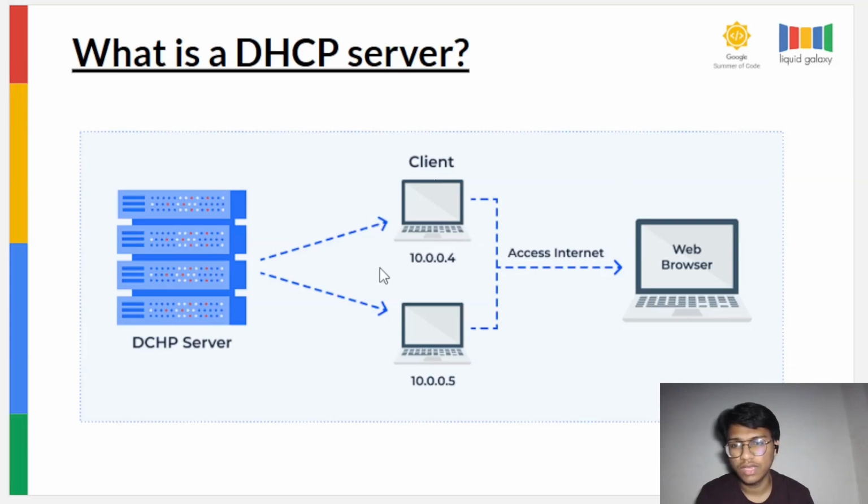Like these two client devices, the DHCP server will automatically assign them an IP address. The DHCP server automatically sends the required network parameters for clients to properly communicate on the network.